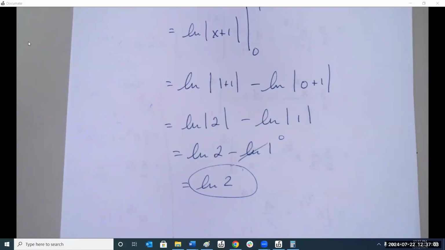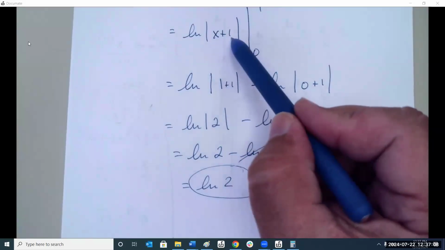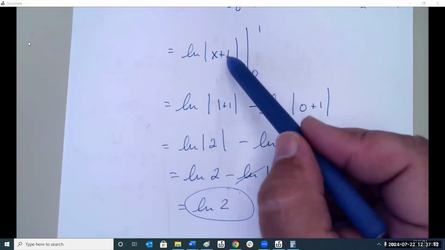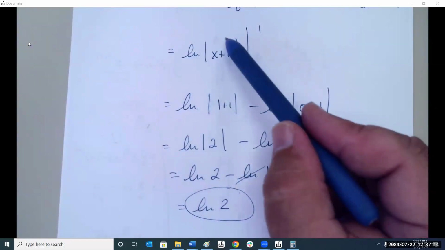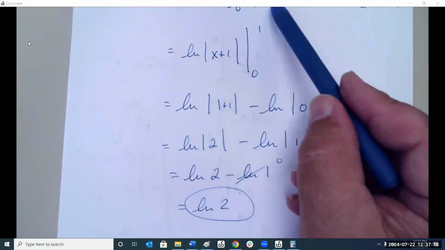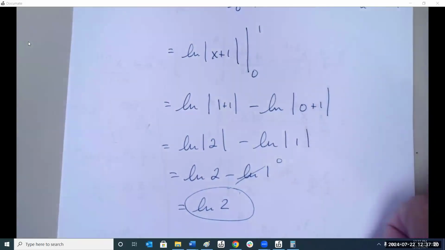Try it. If you think it's ln of 1 over this, then take the derivative of this function and see what happens. The derivative of this function, since it's ln, is 1 over this times the derivative of this, which is 1. There, it works.